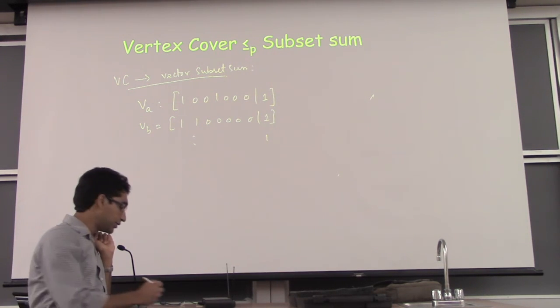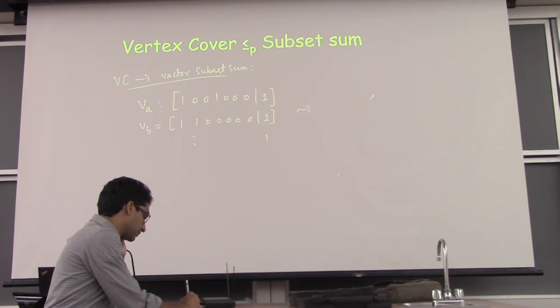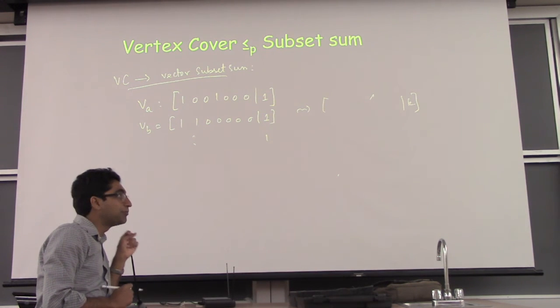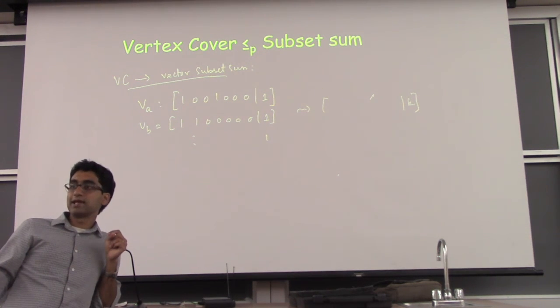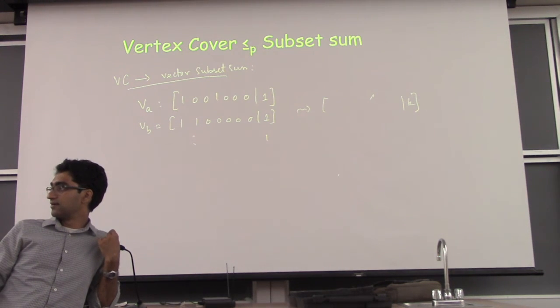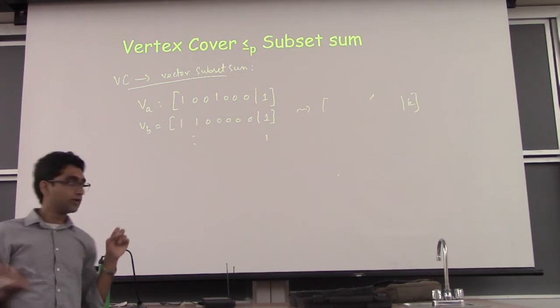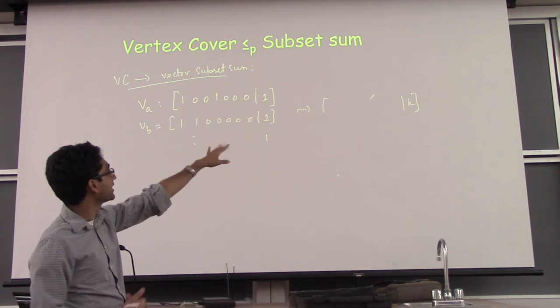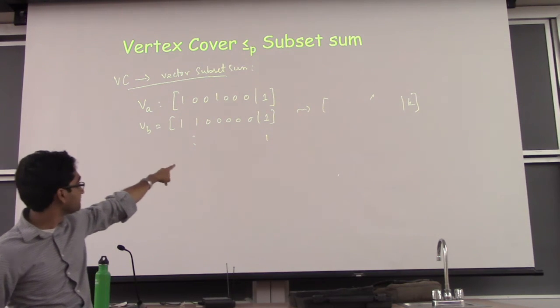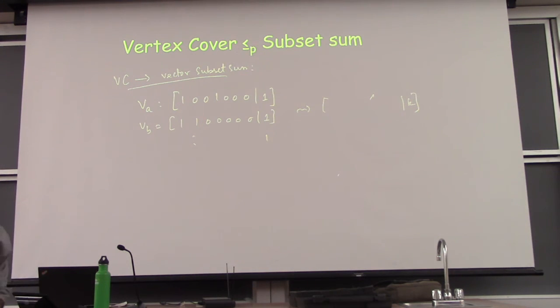Now if you want your target vector to have k in the last coordinate, then it means that you are exactly picking k elements, right? Because there's no other way you could have gotten k on the right side. If a bunch of these add up to a vector which has k on the right side, then you've exactly picked k of them.